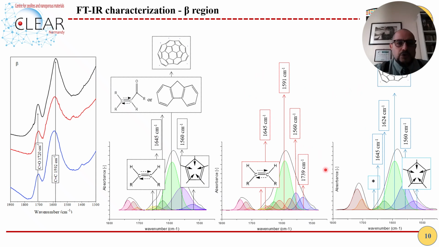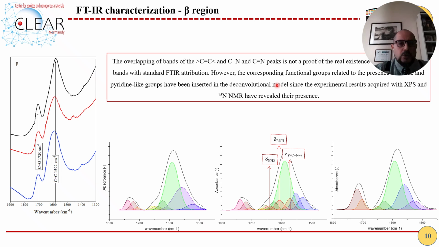In our deconvolution model, we include three different types of bands in the nitrogen-doped ZTC: one at 1573, related to the pyridine-like structure, and another two related to the bending of primary and secondary amines.